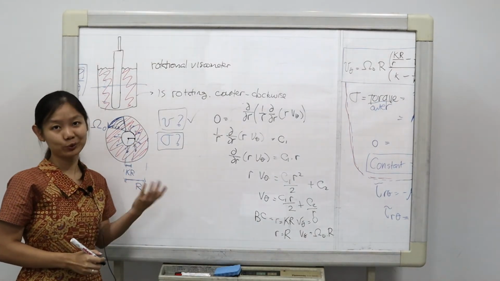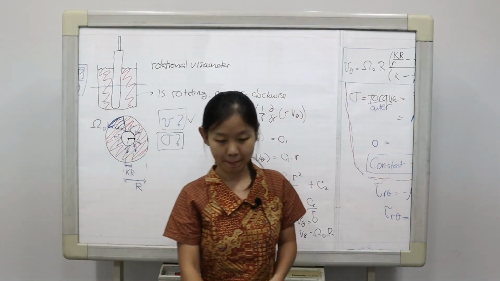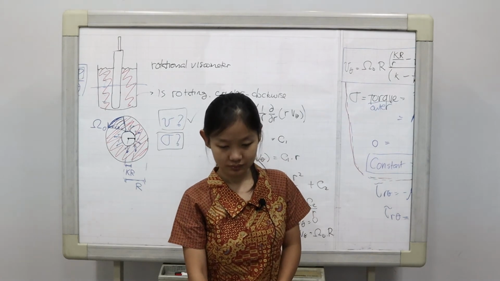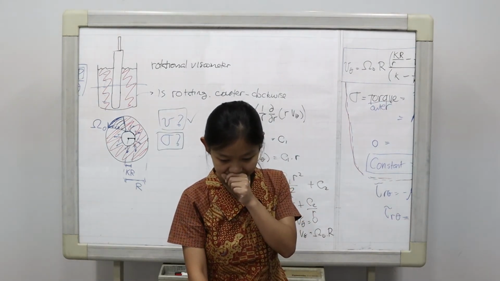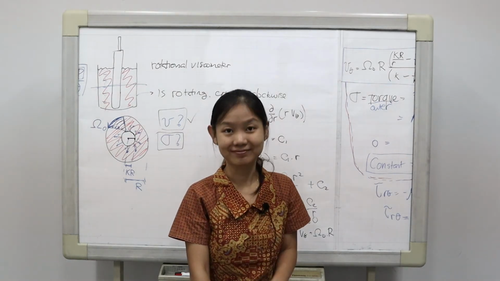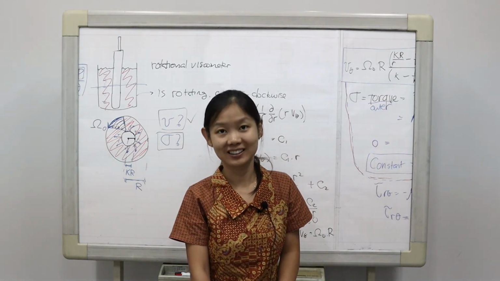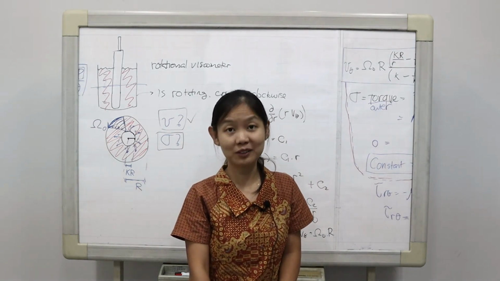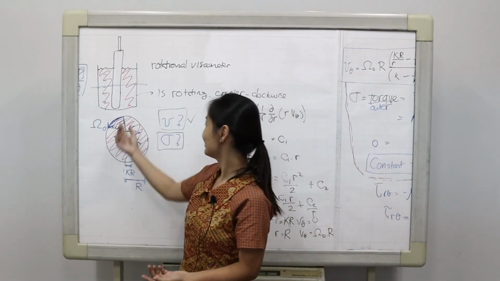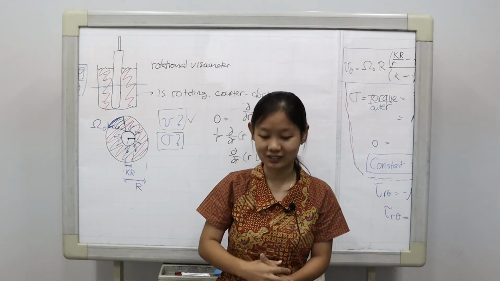So that's where the K comes from. Basically K is not 1; K should be less than 1. If K is 1, it means that the cylinder inside is the same size as the tank. That's impossible.